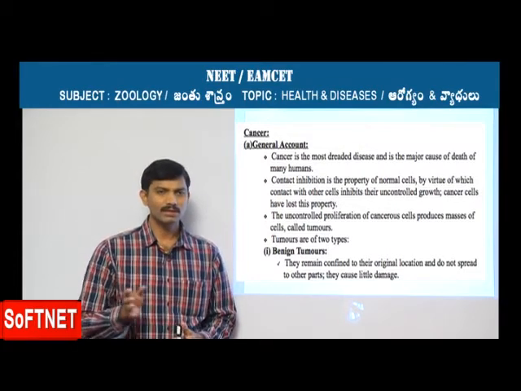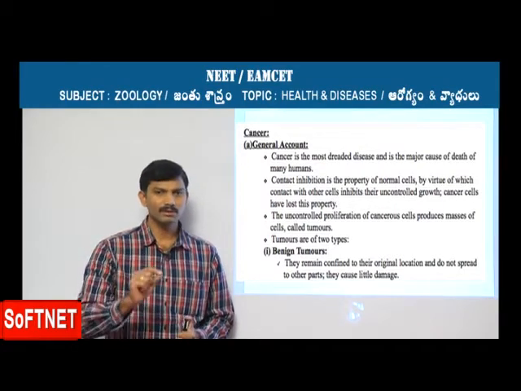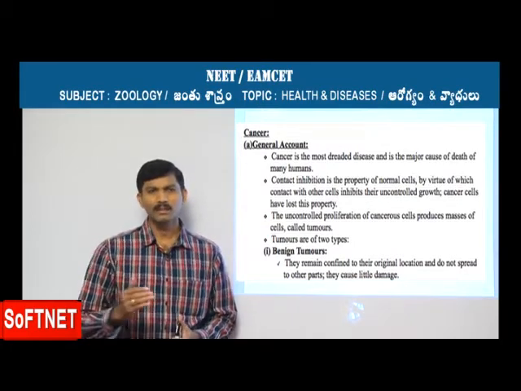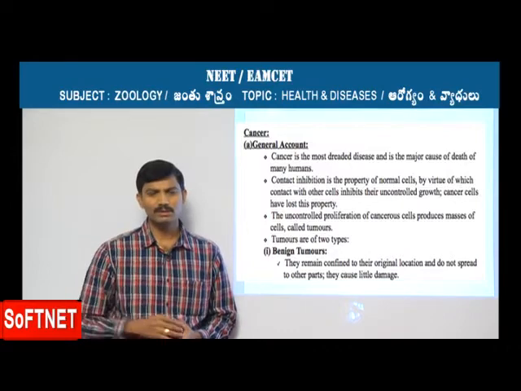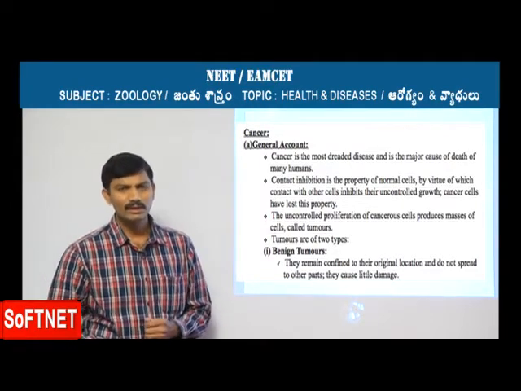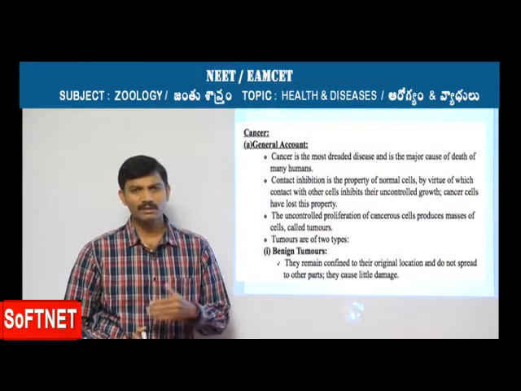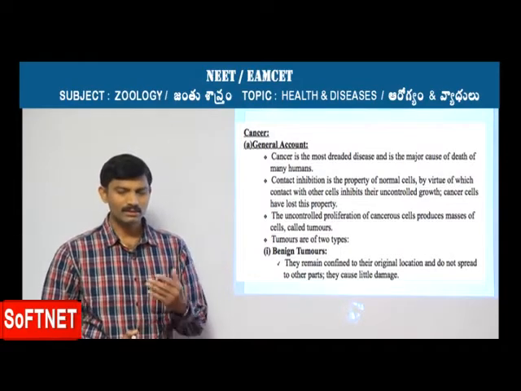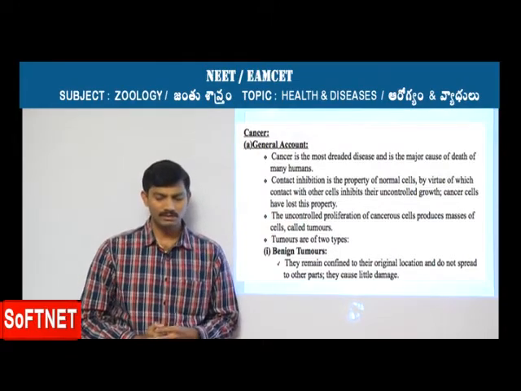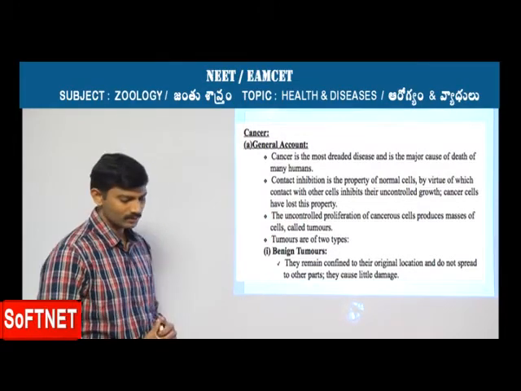But it is confined to the one region where it originated, so it does not spread to other parts of the body. It causes only little damage to the part where it arises. For example, uterine fibroids and warts are the best examples of benign tumors.